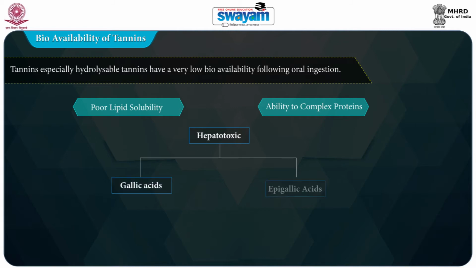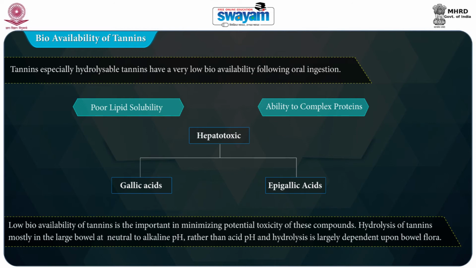Since gallic and ellagic acid are hepatotoxic, low bioavailability of tannins is important in minimizing potential toxicity of these compounds. Hydrolysis of tannins occurs mostly in the large bowel at neutral to alkaline pH rather than acidic pH, and hydrolysis is largely dependent upon the bowel flora.